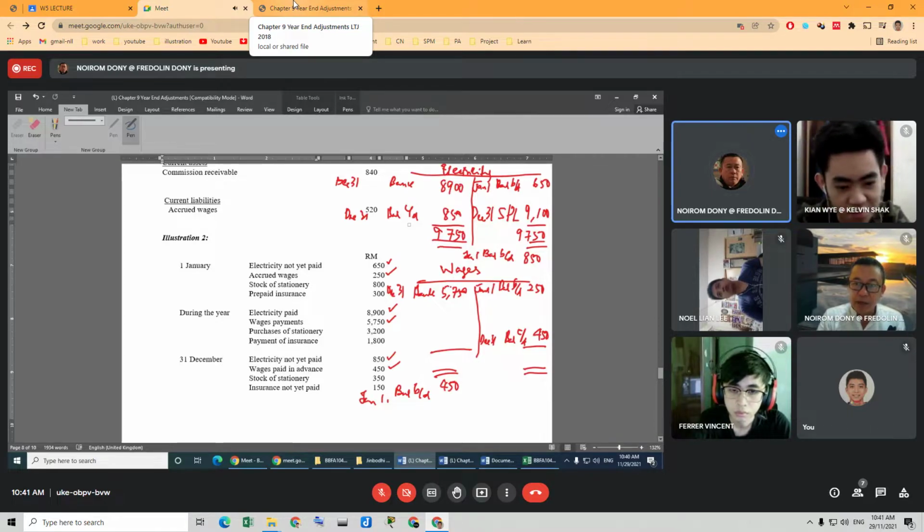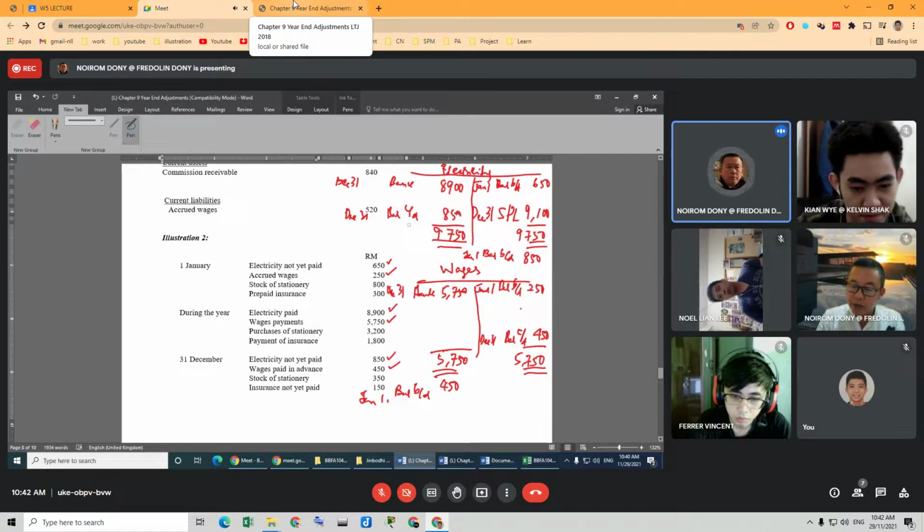Okay. And then what about wages? So now wages, okay, 5,750 is the total, highest total. So use that amount as a total for both sides. And in order to make total credit as 5,750, you do 5,750 minus 250 minus 450.